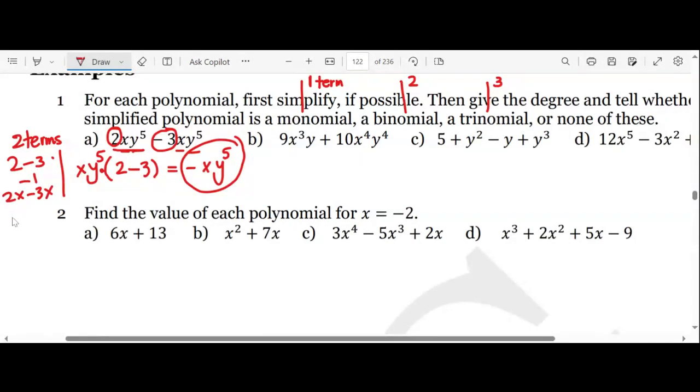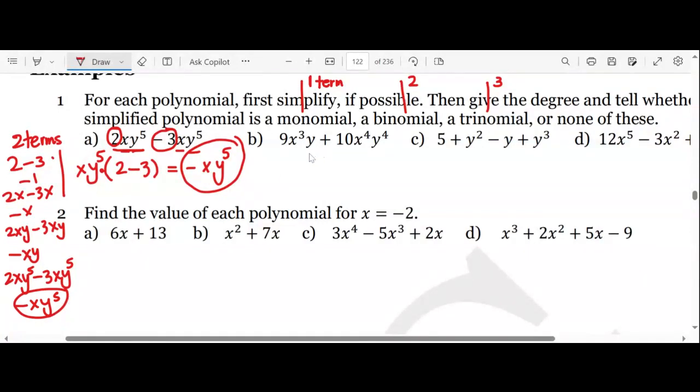Minus x. If I have 2xy minus 3xy, minus xy. What if I have 2xy to the power of 5 minus 3xy to the power of 5? Minus xy to the power of 5. Very good.